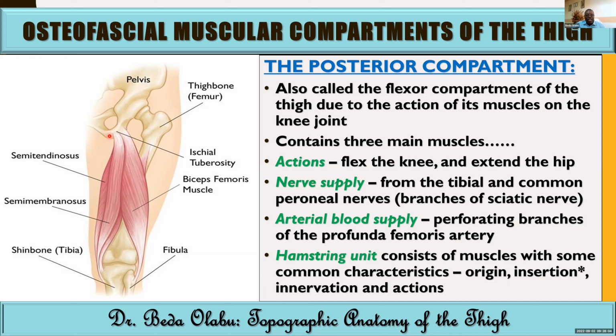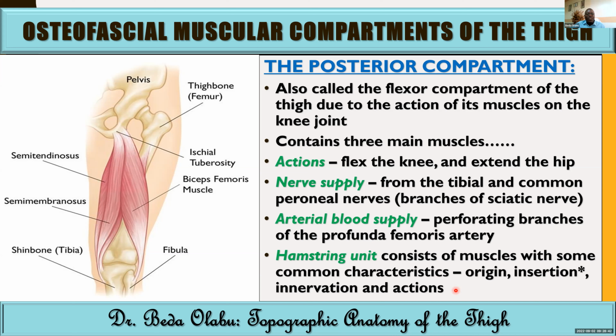That part of adductor magnus has a tendinous insertion that goes much down. Well, primarily it inserts into the adductor tubercle on the medial aspect of the medial femoral condyle. But because of its origin, ischial tuberosity, and its innervation, tibial nerve, and partly its action of extending the hip, that part of adductor magnus is also considered sometimes to be part of the hamstring unit.